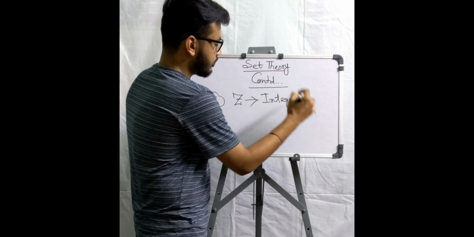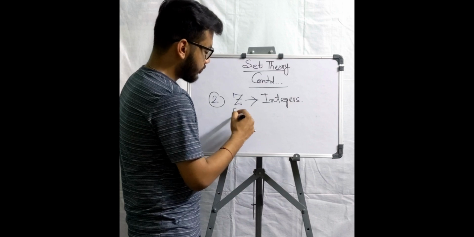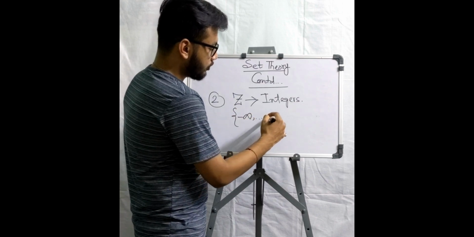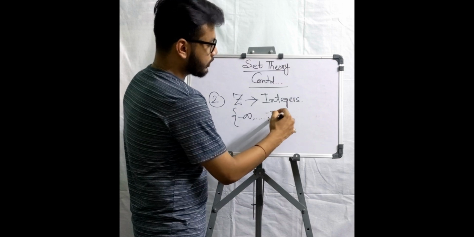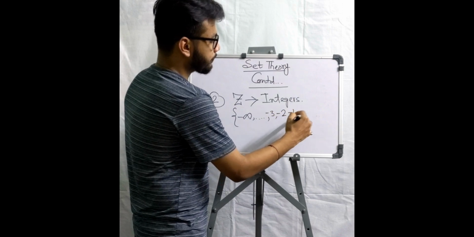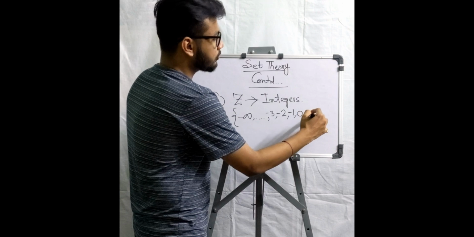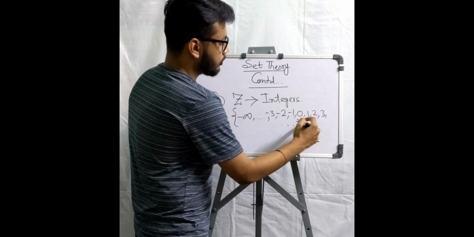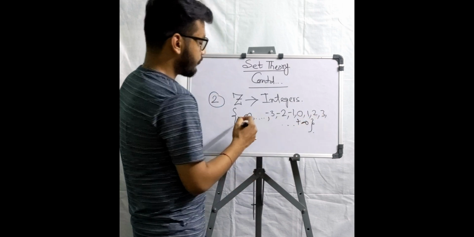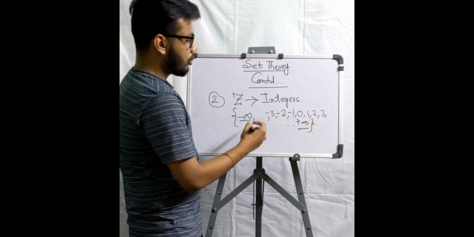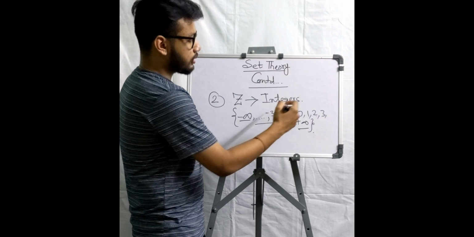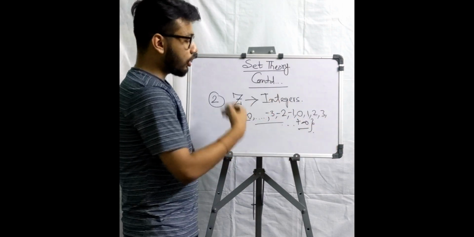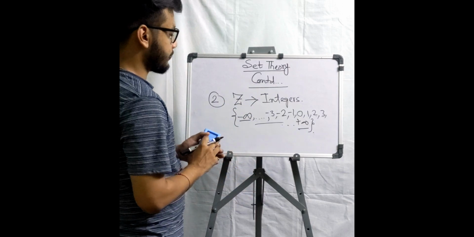Integers are the set of numbers which start from minus infinity, go through minus 3, minus 2, minus 1, then 0, then 1, 2, 3, and then go to plus infinity. So from minus infinity to plus infinity, all the numbers like minus 3, minus 2, minus 1, 0, 1, 2, 3, 4 belong to the set of integers.